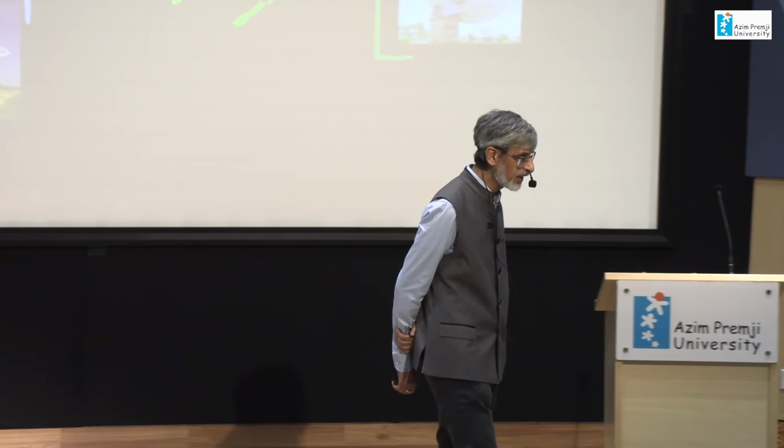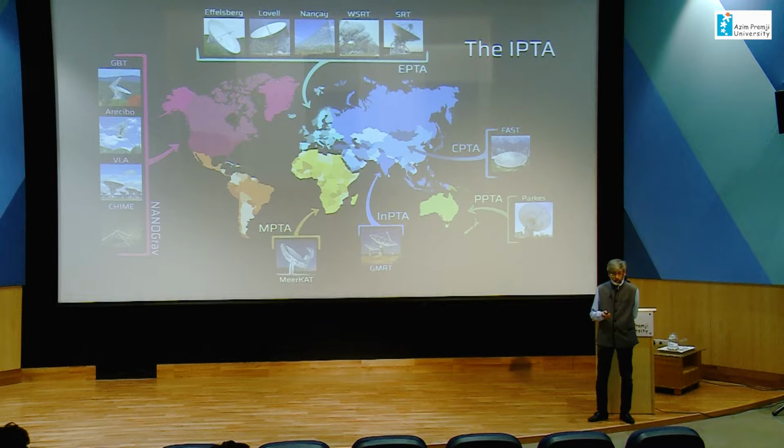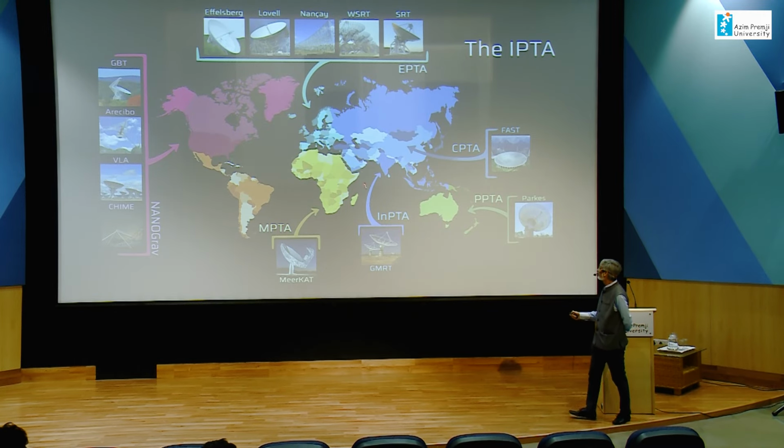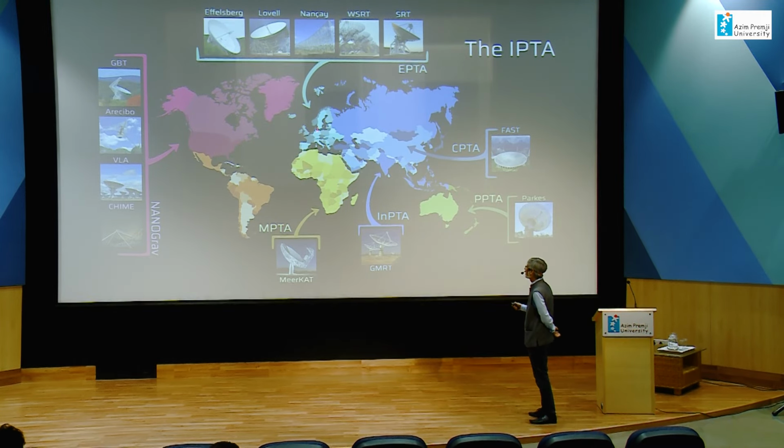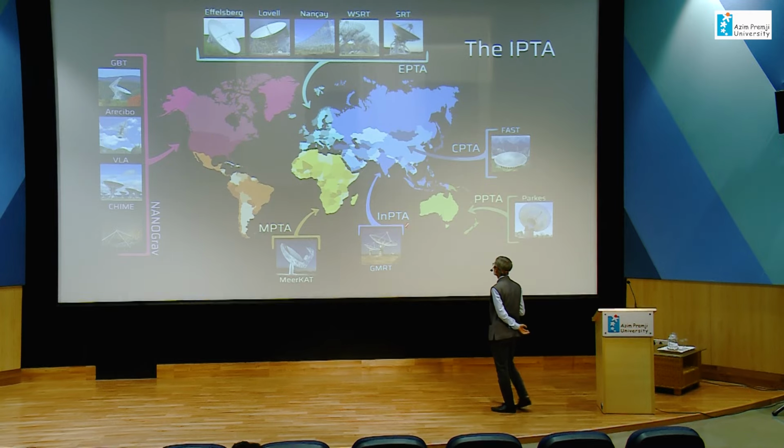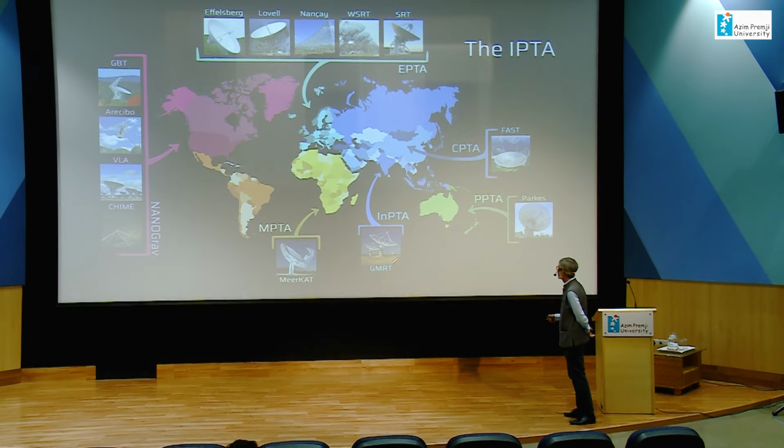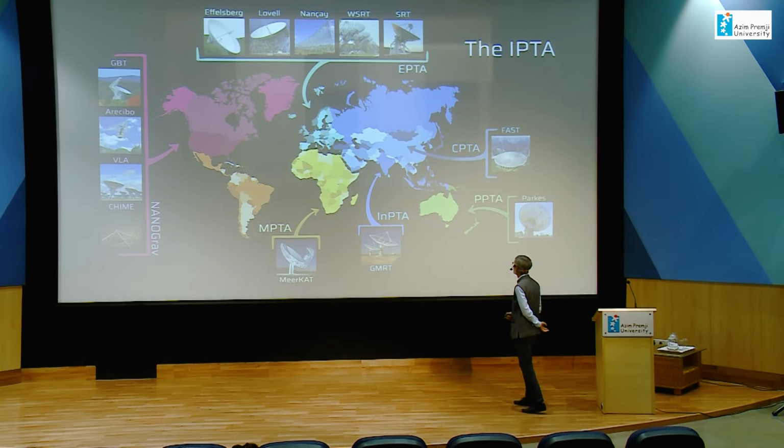And people have been at it for more than 15 years. This is called pulsar timing arrays. Large part of the globe is involved, including India, which has INPTA, the Indian Pulsar Timing Array. So, for example, GMRT is involved in that.